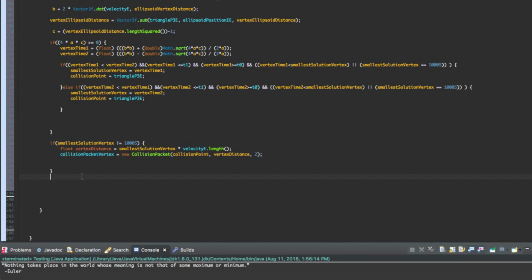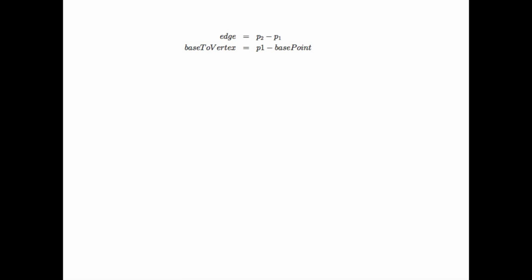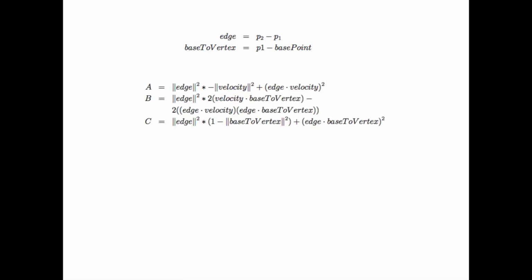So now we'll consider the edge going from P1 to P2. First we have to check if there's any time where the sphere collides against the infinite line that's going through this edge. And this happens again when the distance between the sphere and the line is 1. We can once again reduce this to a quadratic equation with a equal to the magnitude of the edge squared multiplied by the negative magnitude of the velocity squared plus the dot product of the edge and the velocity squared.